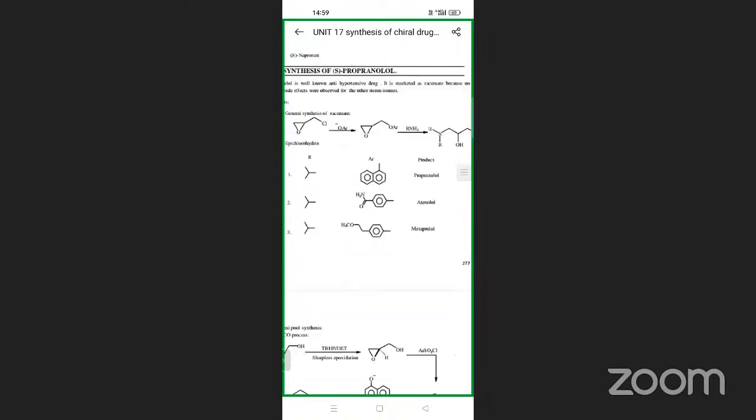I think these four syntheses are easy to remember, and the remaining things are somewhat complex: indinavir sulfate, and one more, ramipril.